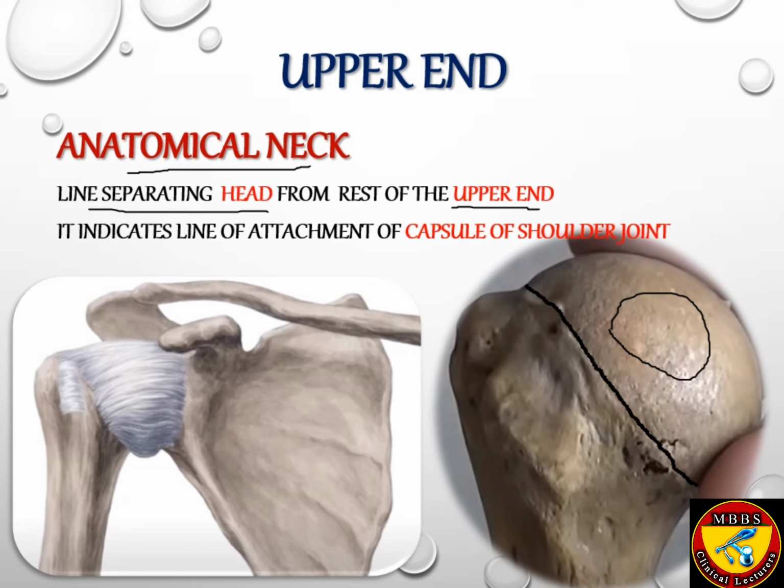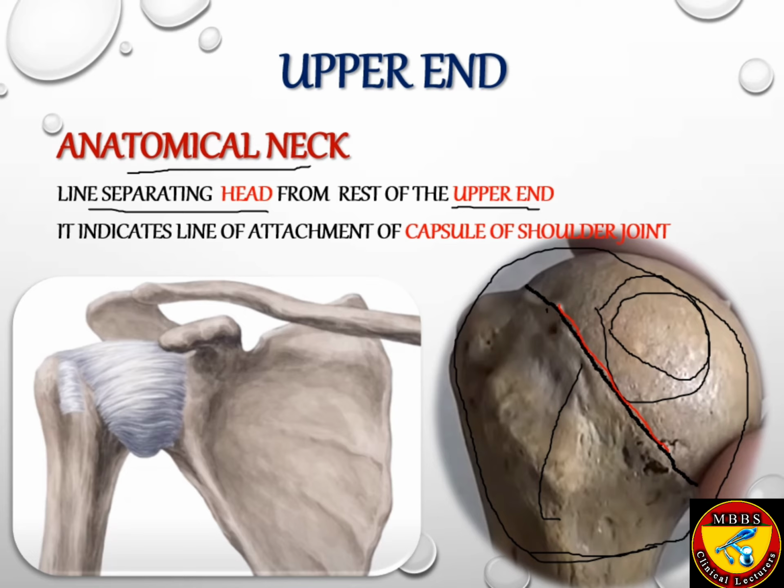This is the rounded head, and this is the outer margin of the rounded head. This is called the anatomical neck of the humerus.